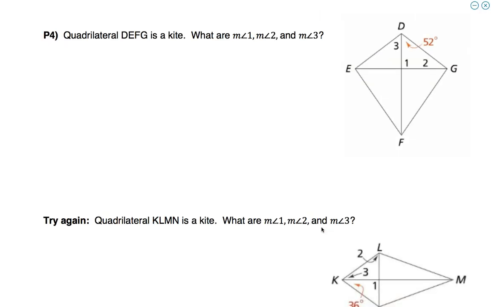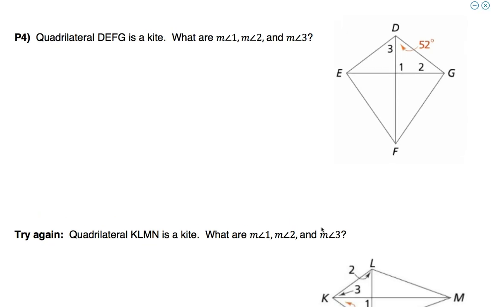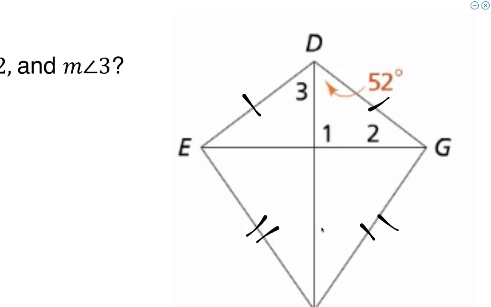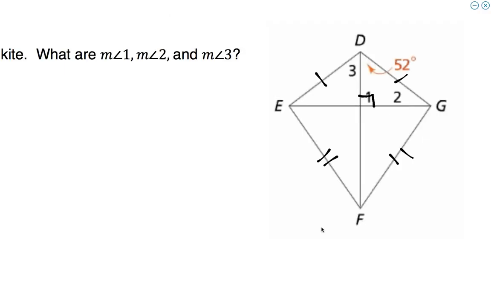So quadrilateral DEFG is a kite. So since it's a kite, some things in here that they don't tell us. That means that this is congruent to this, and this is going to be congruent to this. Its diagonals are perpendicular. So right there, the measure of angle 1 is 90.